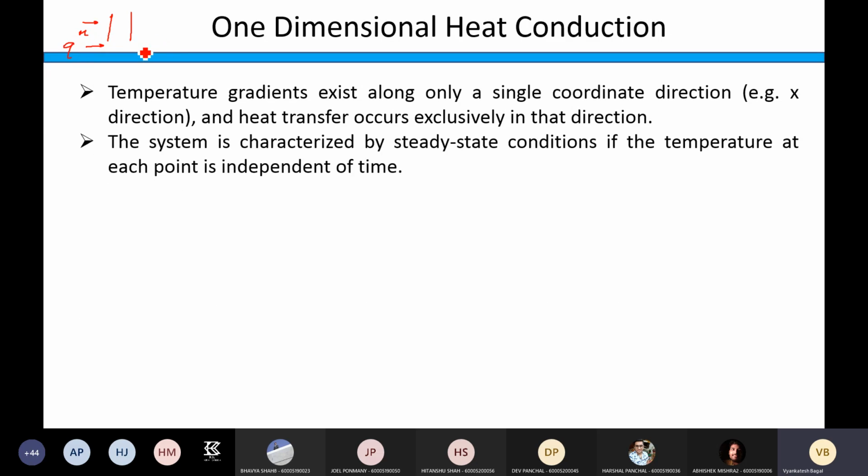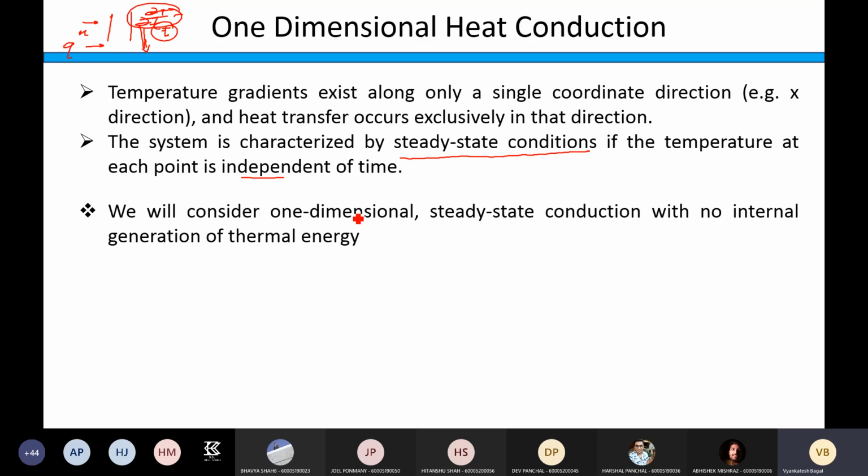Next point. The system is characterized by steady state conditions. We know this means we are not going to take into account the variations in properties like temperature with respect to time. So this term, dou T by dou t, we will neglect, right? So we will say that the temperature is independent of time.